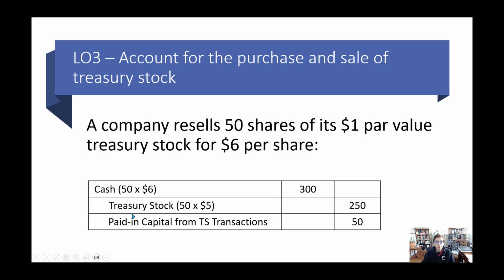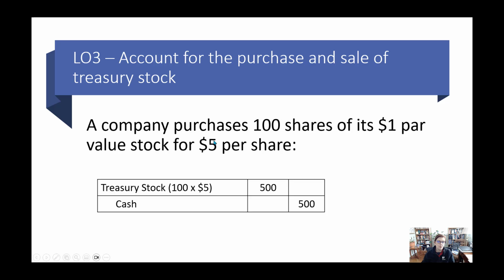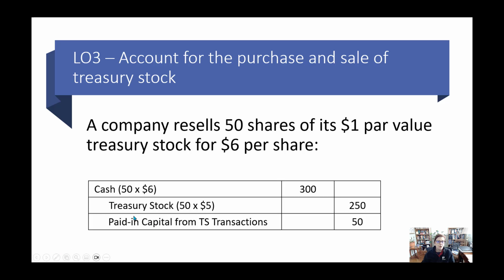They're going to credit treasury stock for the cost of the shares. Notice we are ignoring par value here, right? We're crediting treasury stock for the original cost of the shares. The original cost of the shares was $5 per share. Credit treasury stock, 50 shares times $5 gives you $250. Credit paid in capital from treasury stock transactions for the rest.